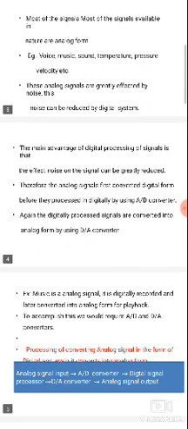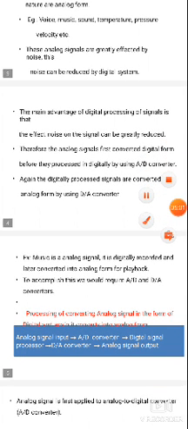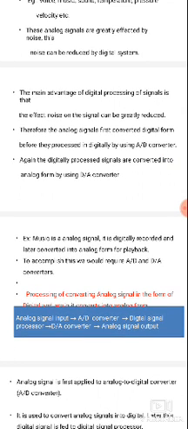The main advantage of digital processing of a signal is that the effect of noise on the signal can be greatly reduced, whereas analog signals contain more noise and digital signals contain less noise. Therefore, the analog signals will first be converted into digital form before they are processed digitally, by using an analog to digital converter.